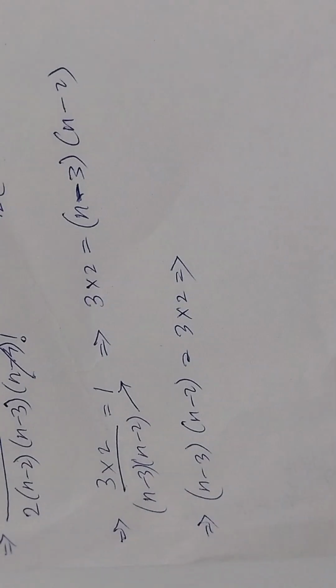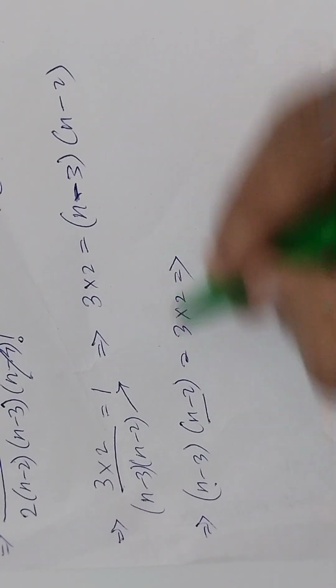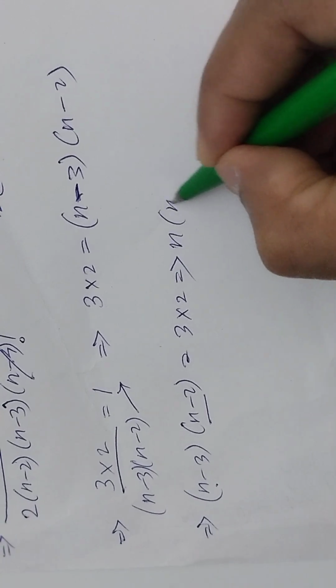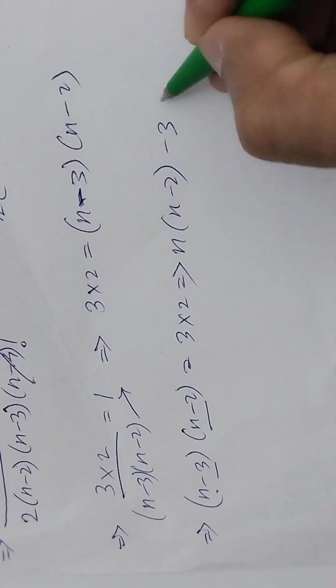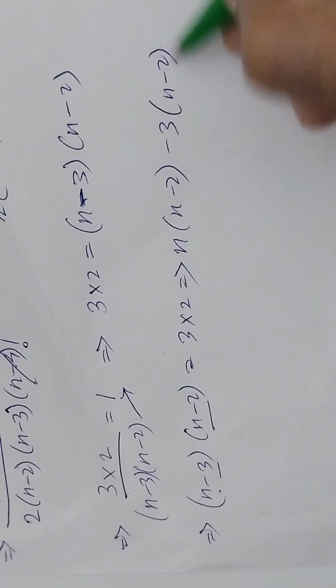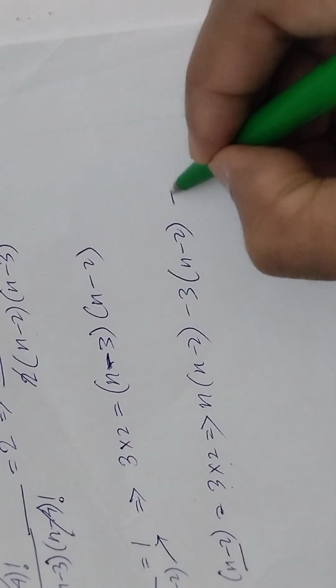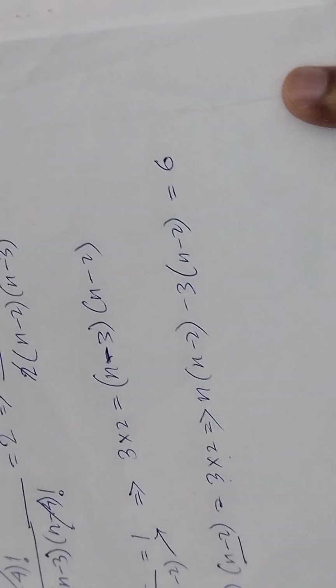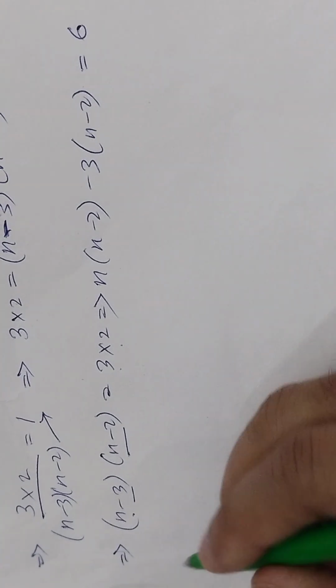We further simplify and expand it: n into n minus 2, minus 3 into n minus 2, is equal to 3 into 2, which is 6.